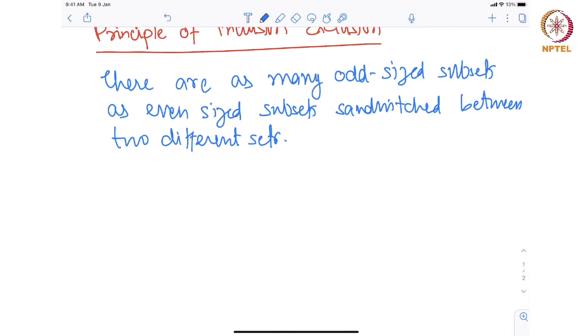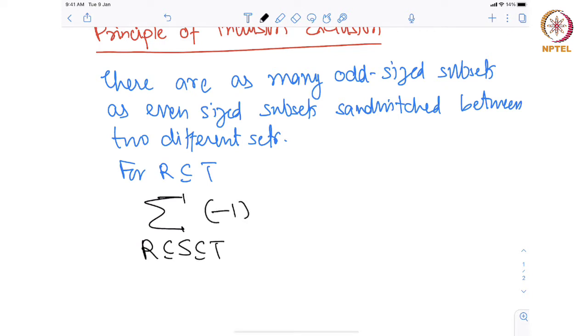What does it mean? So we'll prove this for R a subset of T. Look at the sum over S with R contained in S contained in T of (-1) to the power of the cardinality of S, and this is equal to the bracket R equals T. So let me introduce this notion.